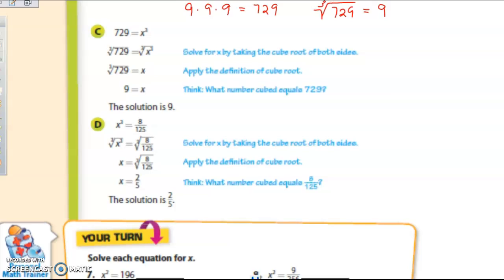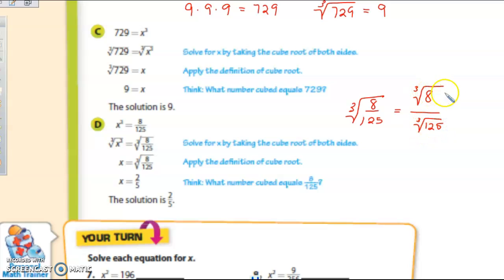This next one I have is x cubed equals 8 over 125. So I want to find the cube root of 8 over 125. That gives me the cube root of 8 over the cube root of 125.